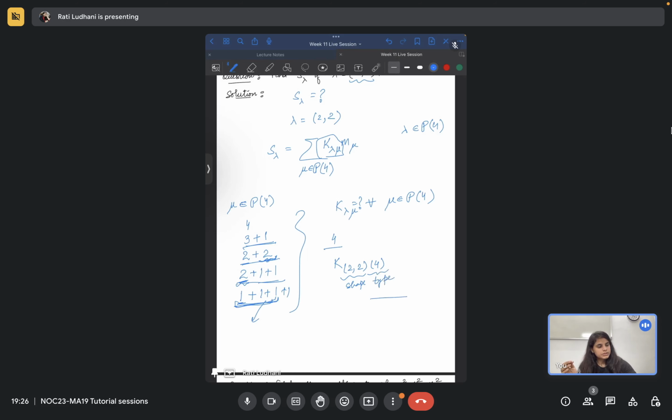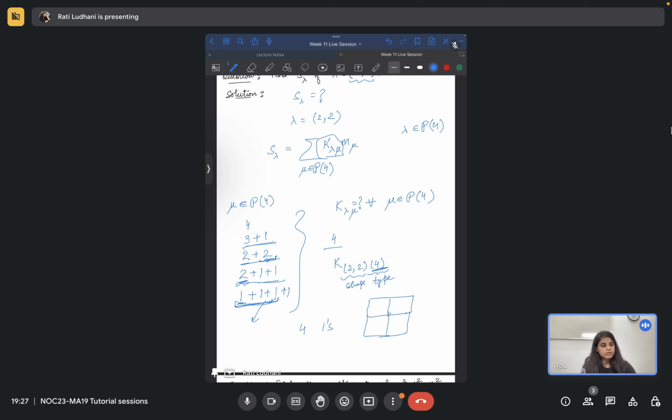Shape says you consider 2 comma 2, that means this and this, right? Now you will consider the type. Type is 4, that means you have 4 ones, right? If you remember, this is how we find k lambda mu.